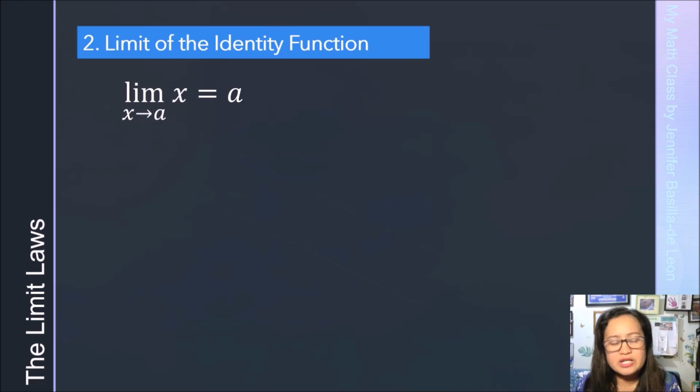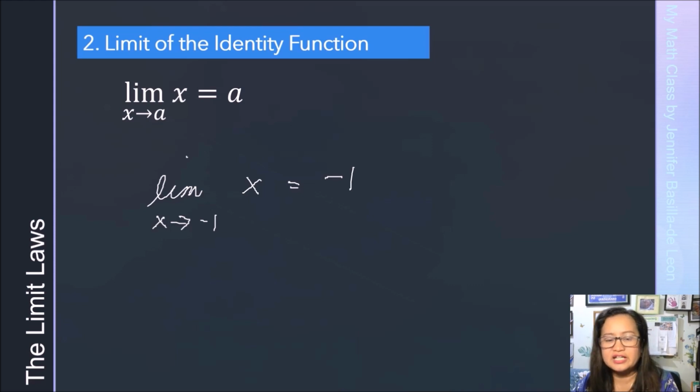Now when we have the limit of x as x approaches a, then we can have a. Just like if we have the limit of x as x approaches -1, we can just evaluate the given function at x equals -1. Hence, we arrive at -1. So the limit of x as x approaches -1 is -1.